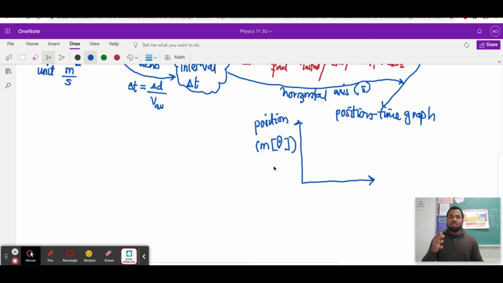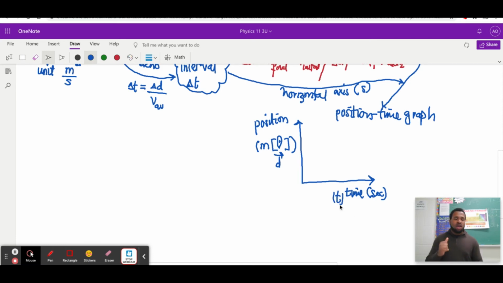And take note that the symbol for our position is recorded as d with the arrow at the top, and this is going to be plotted against the horizontal, which is our time interval, which is recorded in seconds, and it is expressed as t.